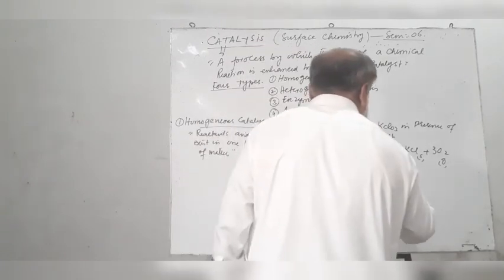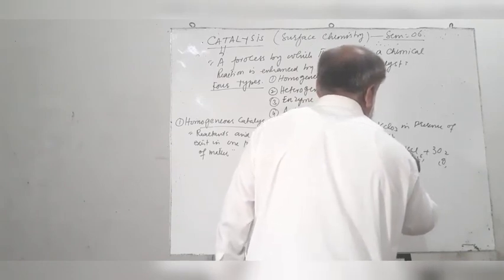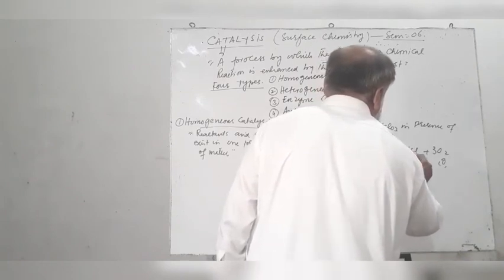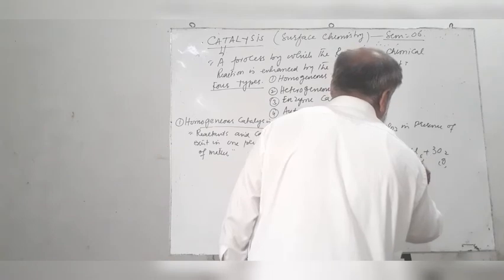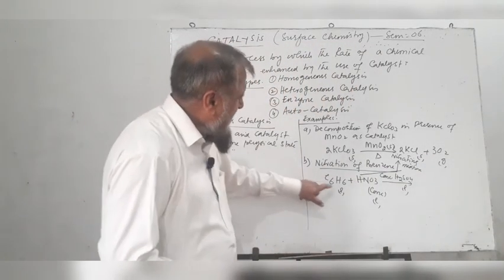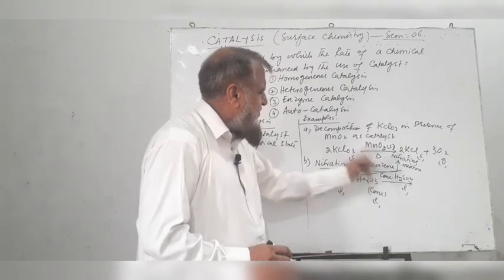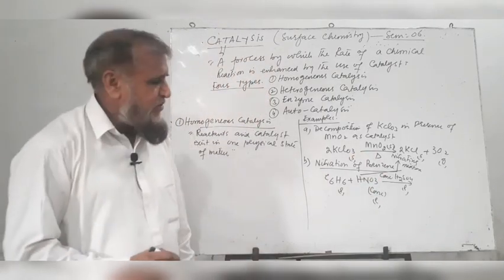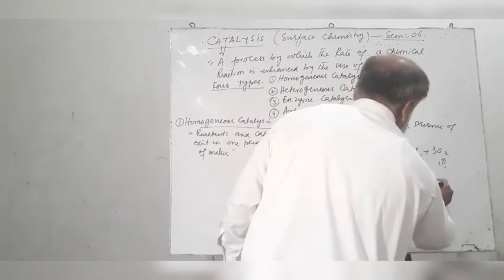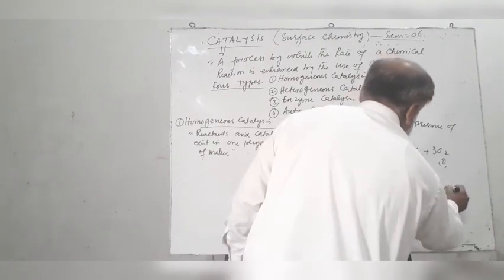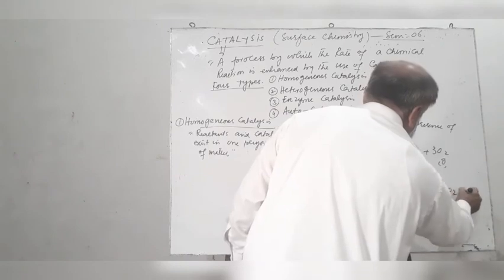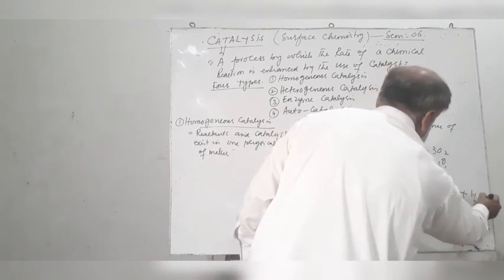The mixture of concentrated nitric acid and sulfuric acid is called nitrating mixture. So the reactants in this case are benzene and nitric acid, which are liquid. The catalyst is concentrated sulfuric acid, which is also in liquid state, and we get nitrobenzene C6H5NO2 liquid plus water liquid.